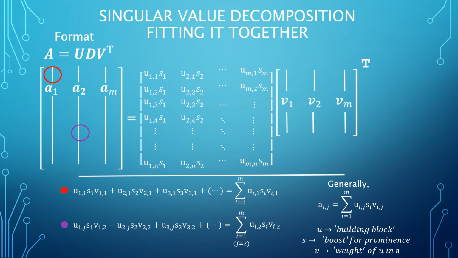Lastly, the V matrix column vectors then store the unique weights which are to be assigned to each pseudo face for each data point to be constructed. So by boosting each pseudo face with its associated singular value, and then multiplying each by its associated weight factor, and putting together the results, the SVD method offers a way to approximate the data. It can be used to compress data, since less of it is retained at some loss of data fidelity.